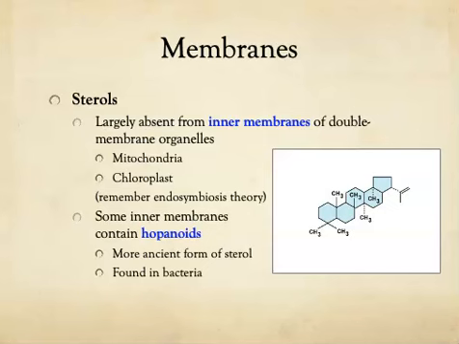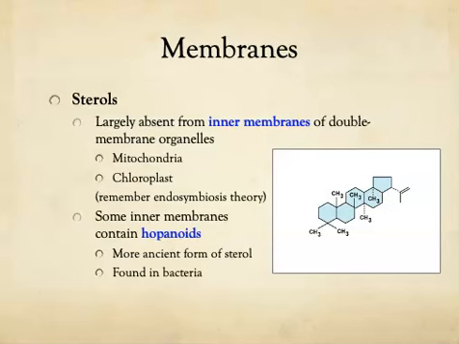Because that small primitive cell was a primitive organism, it didn't have sterol in its membrane. That would have been the type of organism that either predated the bacteria or perhaps was part of the early bacterial domain, and it would not have had sterol in its plasma membrane.